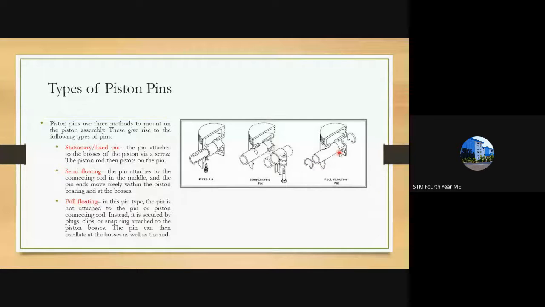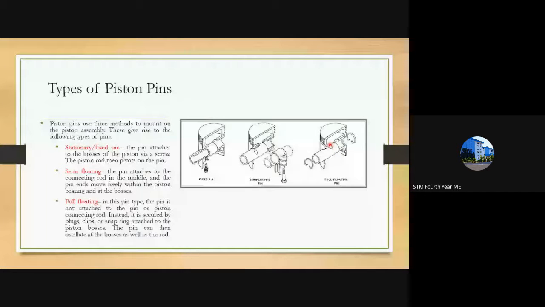What we do is attach the small end to the piston, and when the hole of the piston and the hole of the small end coincide, we insert the piston pin inside the piston boss or the piston hole.